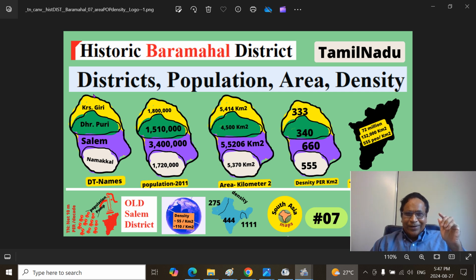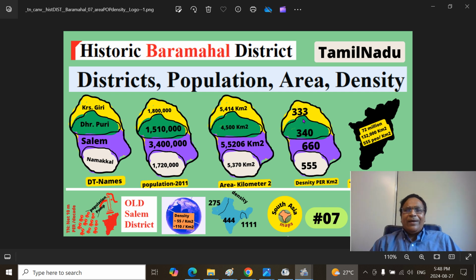What are its current districts as of 2024? What is each district's area, surface area, geographical area in square kilometers, thousands of square kilometers? And what is the population? This is the population, this is the surface area. If you divide the population by surface area, you get how many people live per square kilometer.